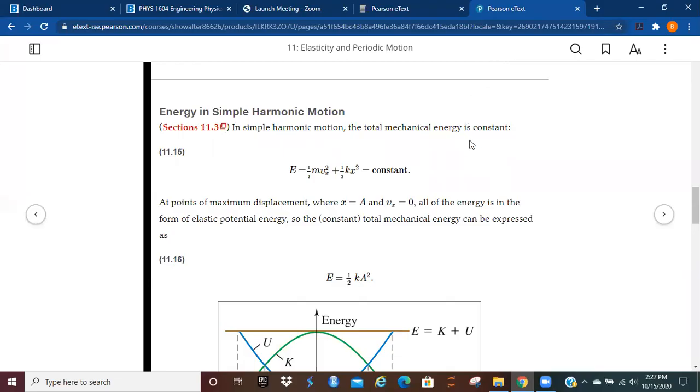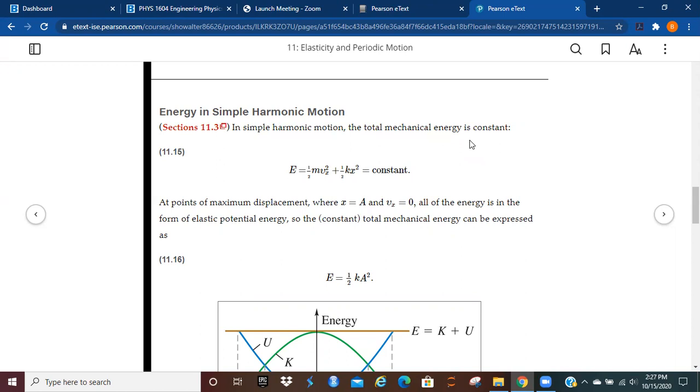Okay, so now we're going to be discussing section 11.3, energy in simple harmonic motion, or SHM. With simple harmonic motion, the total mechanical energy is constant. In other words, the sum of the energy, both kinetic as well as potential, is constant.